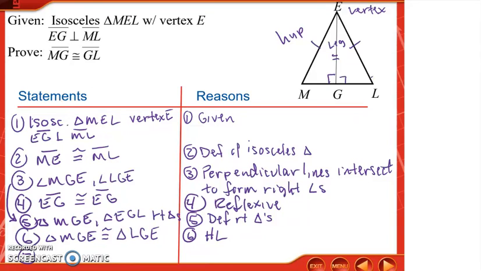Okay, and then MG is congruent to GL. The reason is CPCTC. All right, next one.